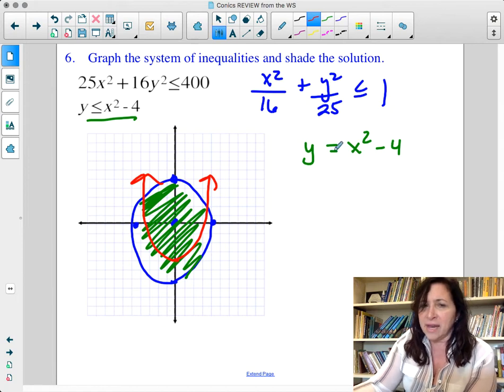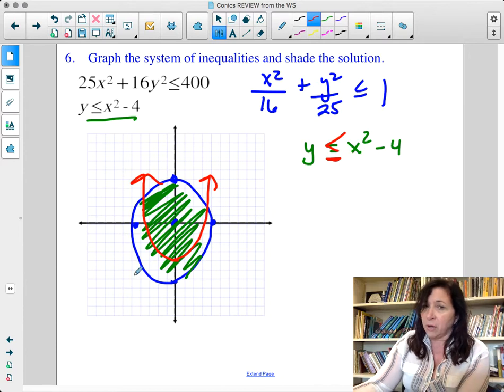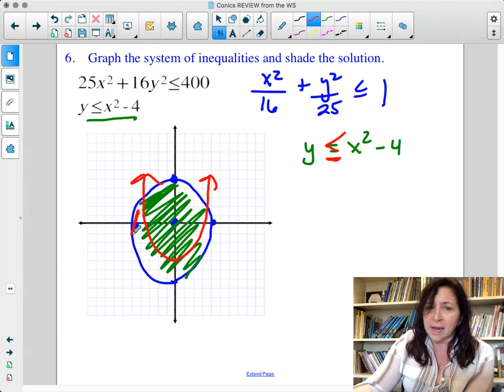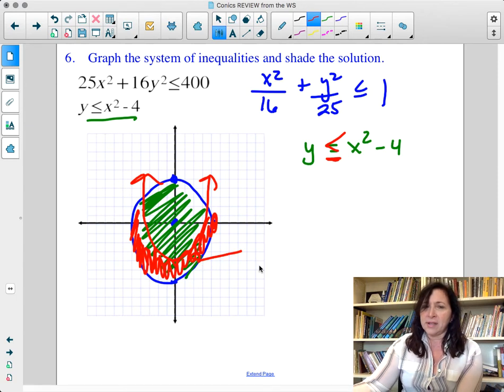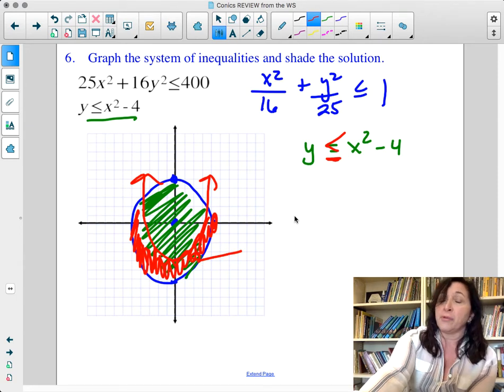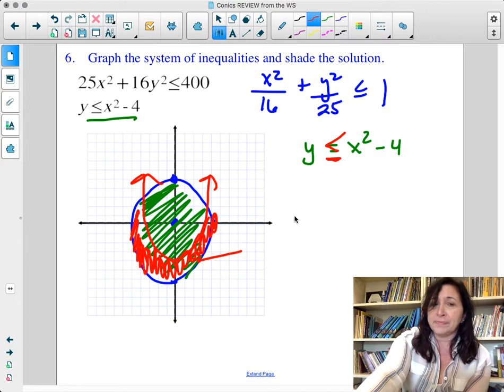And what this is saying is this is less than or equal to, so it is a solid line, not a dotted line. Less than meaning down here. So where everything is double shaded, and this is the answer, is this part right here. It's all that double shaded area. So that would be the solution to that system.